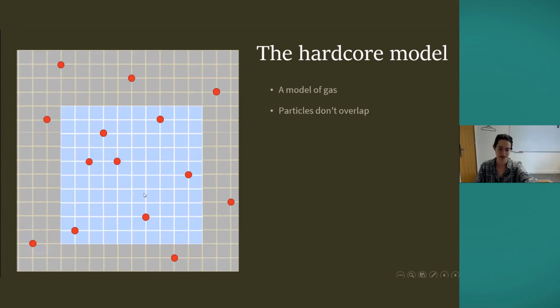Okay, so we can have many things. And how do we think about the gas particles not overlapping? We just want to say that every two particles don't share an edge. So this is exactly an independent set.